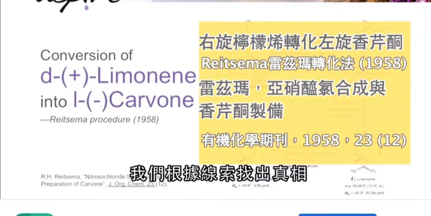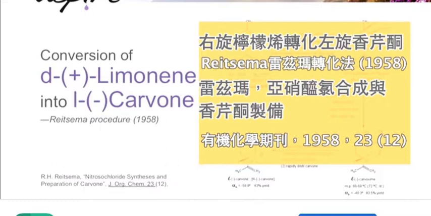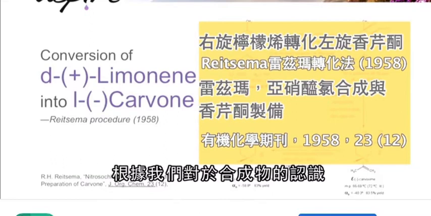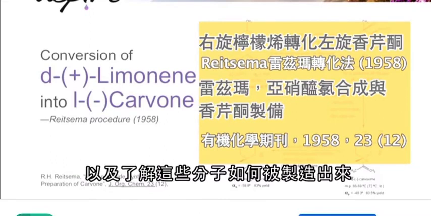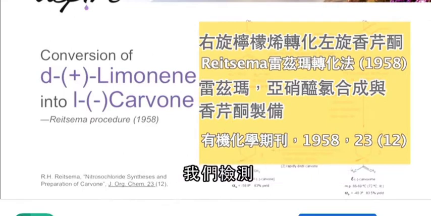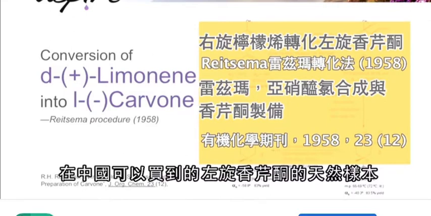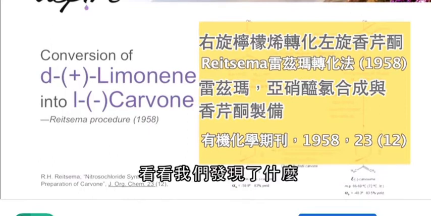We follow the clues until we figure things out. And lo and behold, based upon our knowledge of the synthesis and how these molecules can be made, we look at a pure sample of L-carvone that's available commercially from China, and look what we find.